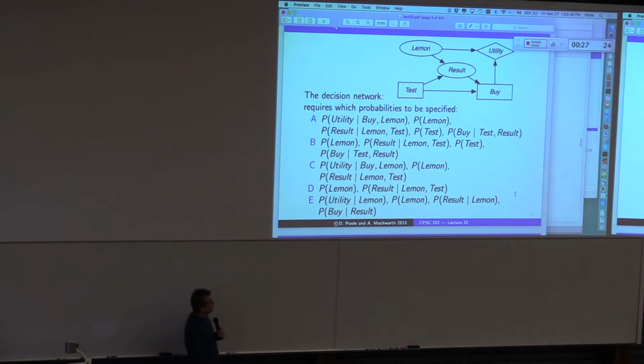This is about buying a car. Some cars are called lemons, which means it's a car you don't want to buy. You can do a test on it, and then after the results, you can decide whether to buy, and that has a utility. That's what lemon means here.